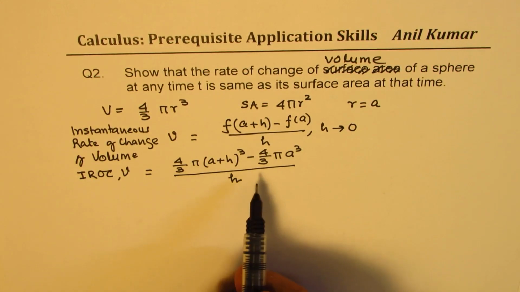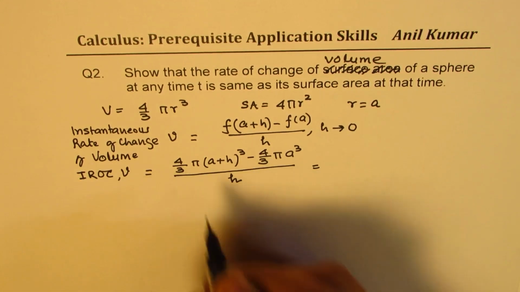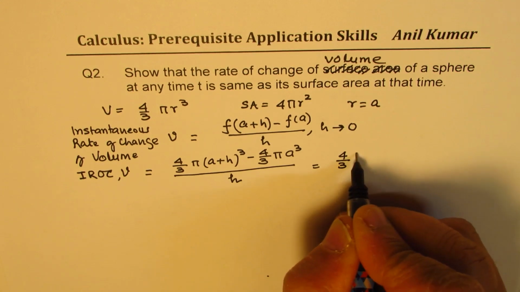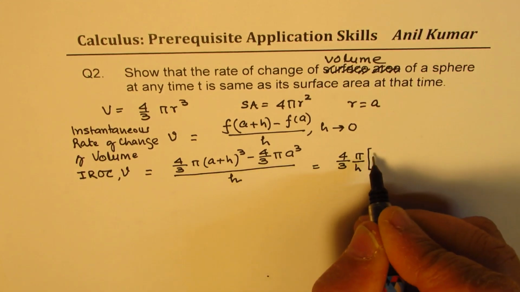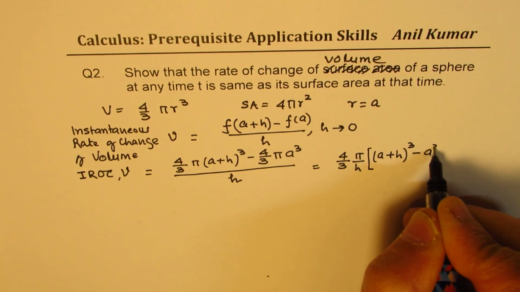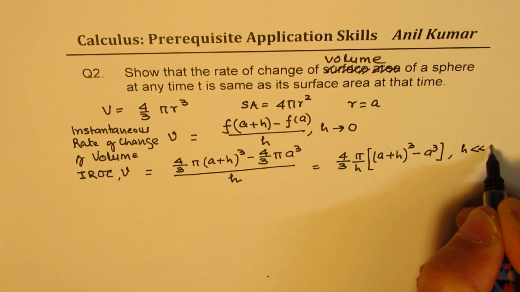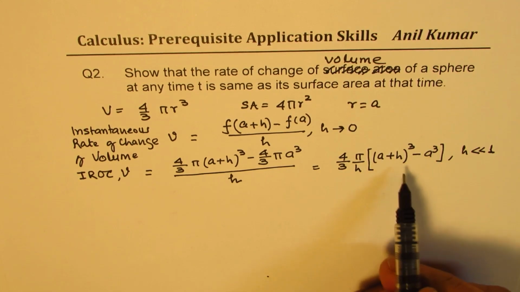Now we can expand this and simplify, correct? We see that 4 by 3 pi is common. So we could write this as 4 by 3 pi, over h, and here we get a plus h whole cube minus a cube. Remember h is very, very small, so you can expand this and simplify.